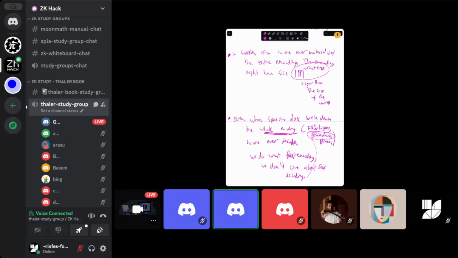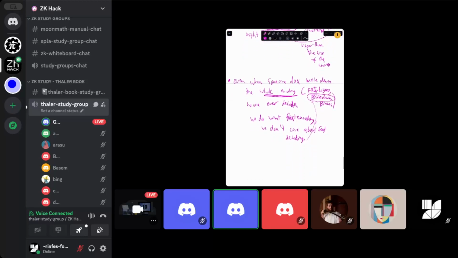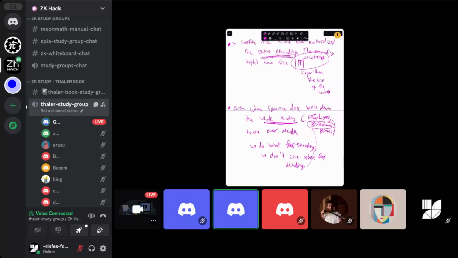Often no one writes down the entire codeword at all, so the encoding can be huge, and it's okay. And then sometimes people do write down the entire codeword, but when they do, no one ever has to decode. So in some cases we don't even care about fast encoding. In other cases we do, but even then, we don't care particularly much about fast decoding.